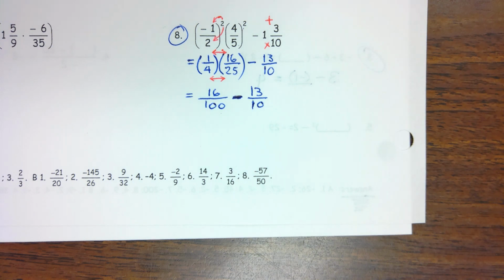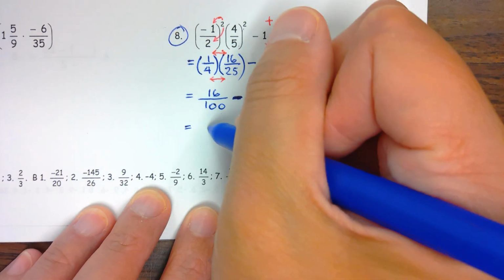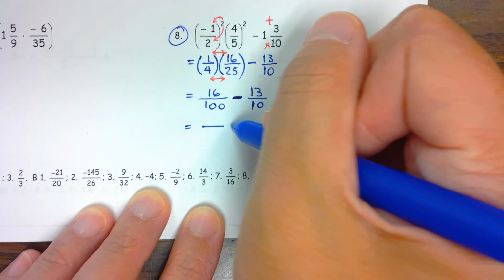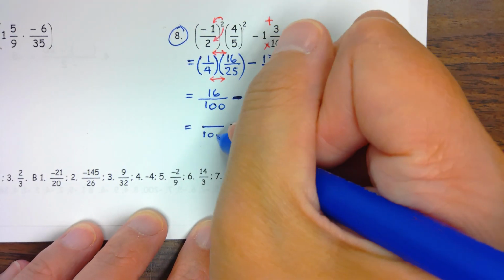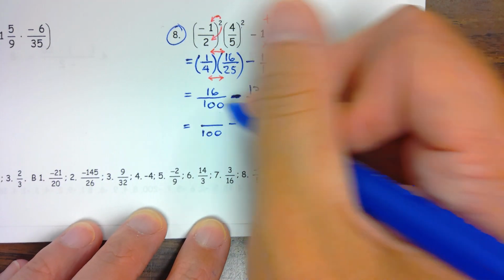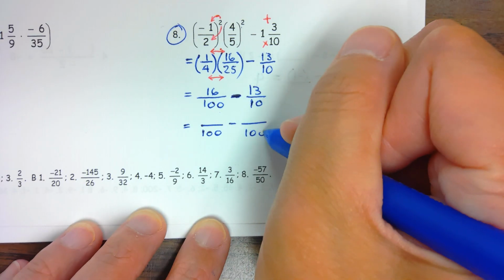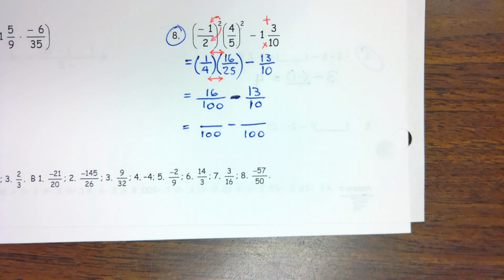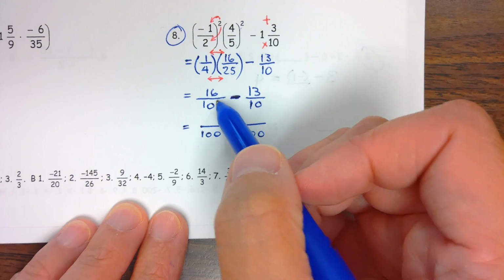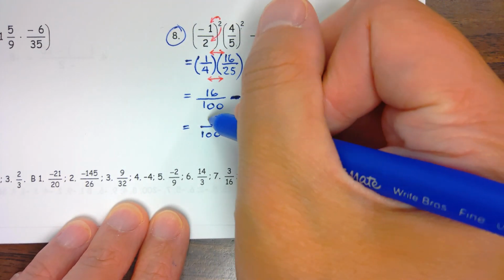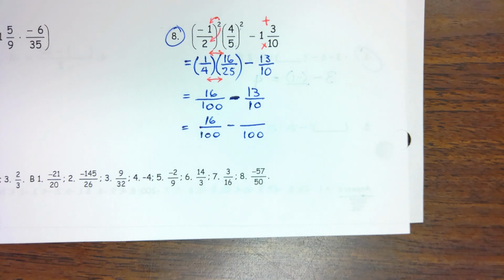So what do I need? Common denominator. And what's the common denominator between 100 and 10? 100. You could do 1,000. Again, you could multiply these two and get the common denominator. If it's not obvious, do that. It will always work. It will just take you an extra step of reducing at the end. Right? So since this is already over 100, I don't need to change anything. I just copy this full fraction down.